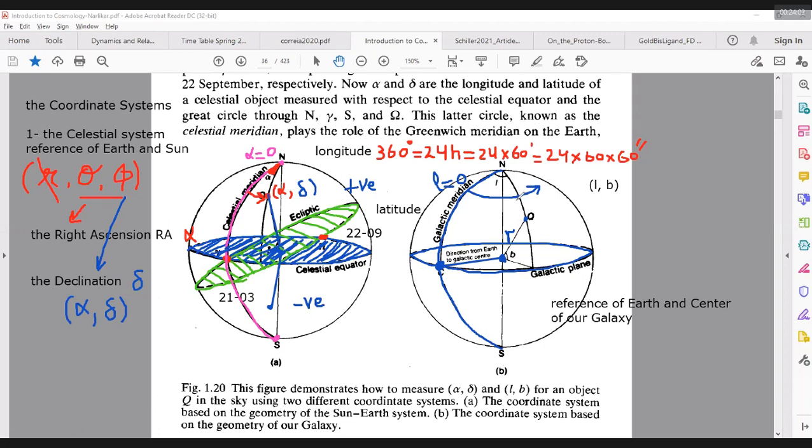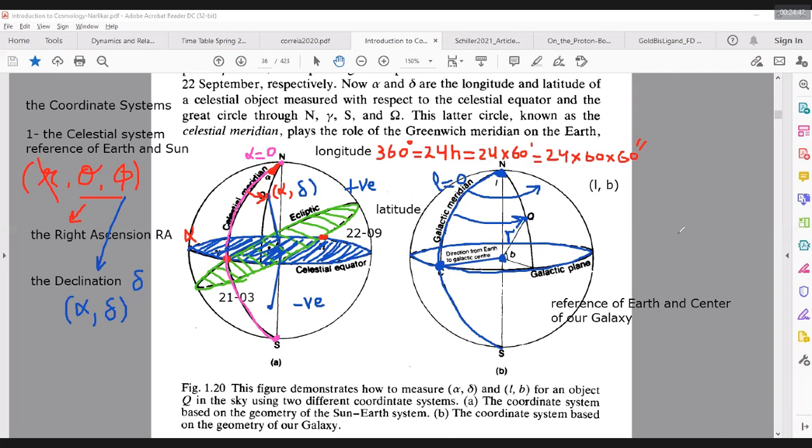That is just like your angle alpha in this case, also the longitude. So this point Q, where a star is located or a galaxy or a cluster is observed, the angle is measured from the meridian. That is the value of the L, as you can see here. What about the second parameter?